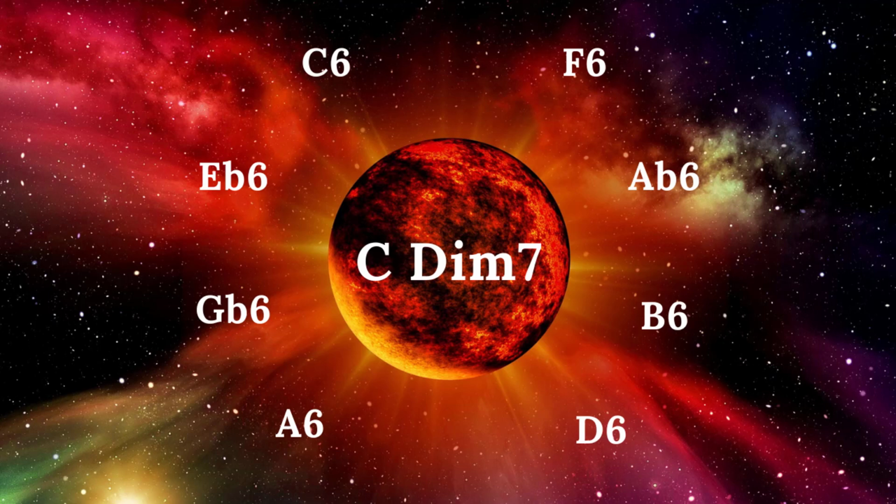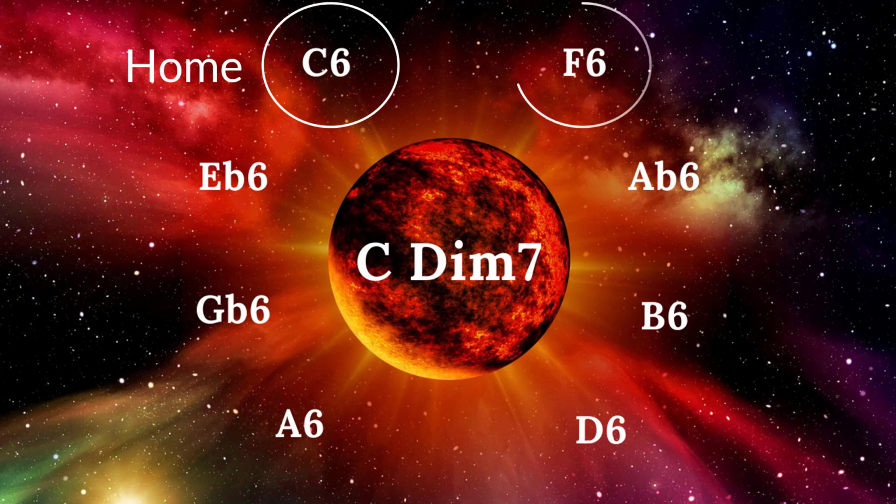And in this instance, I'm thinking of C sixth as my home chord and F sixth as my away chord. So I'm going to play the C sixth, then travel away from home to the F sixth chord, and then come back home by way of the C diminished seventh chord.